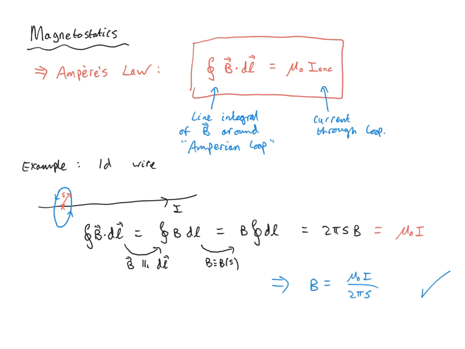Okay, another example, an important example, is the magnetic field due to a solenoid. A solenoid is basically the magnetic equivalent of a capacitor in electrostatics. And we basically have, in pictures, a setup that looks a bit like this.